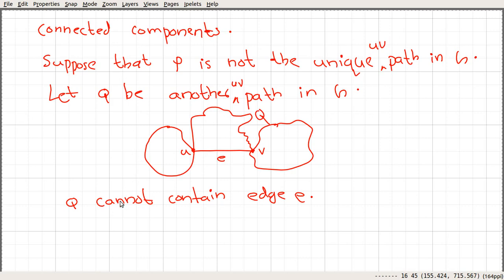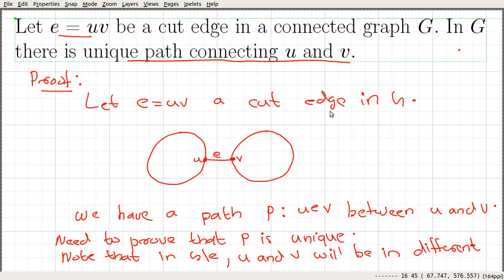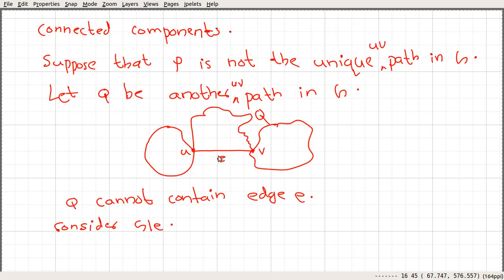So this Q cannot contain edge E, by that particular argument. So let's consider G minus E. Since this E is assumed to be a cut edge, removing it must disconnect the graph.